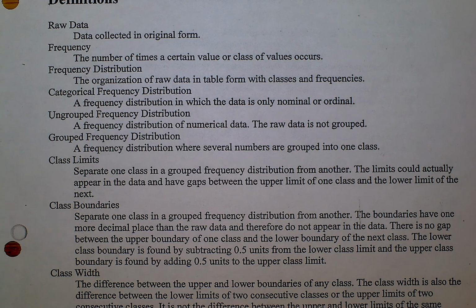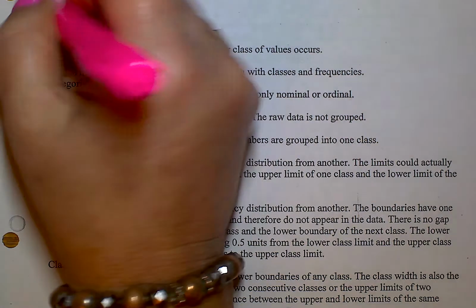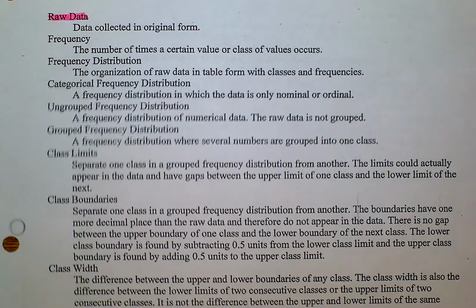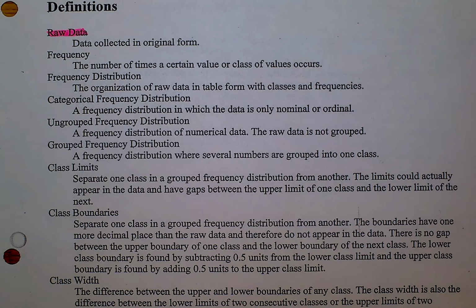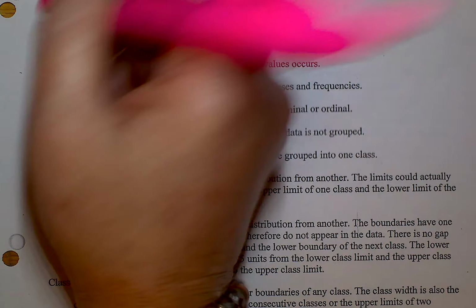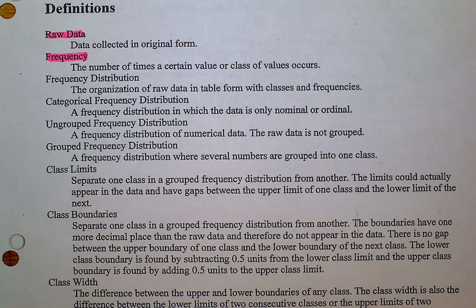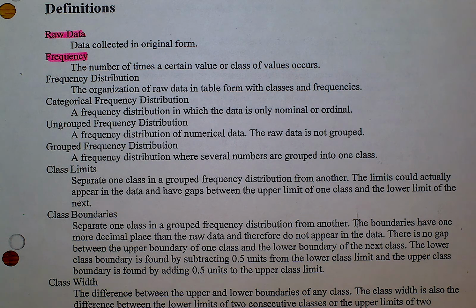So as we begin, some of the definitions that we're going to be going over here would be reviewed. Raw data: that's just data collected in the original form. Frequency: that is the number of times a certain value or class of values occurs.